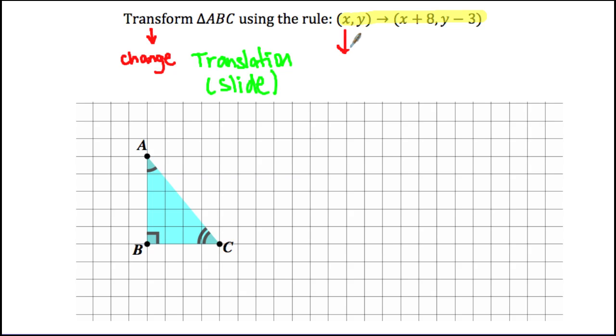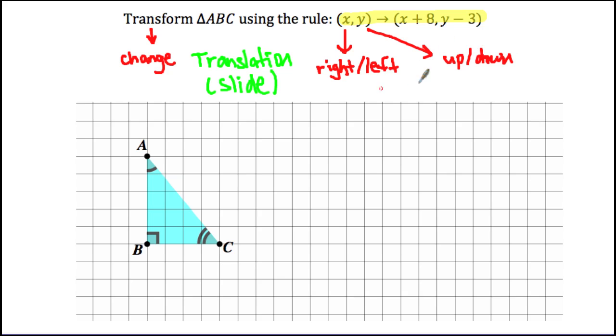x is just referring to the object's position in terms of right or left, and the y is referring to the object's position in terms of up and down. Just like we did with integers, positive integers moved one direction and negative integers moved the other direction.